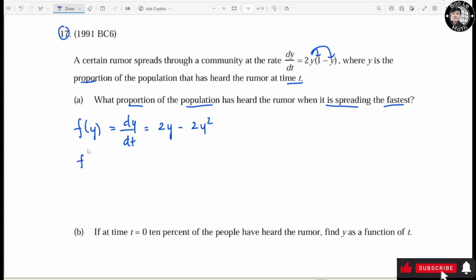I need to find the first derivative: f'(y) = 2 - 4y. Now I'm going to let this equal 0: 2 - 4y = 0, and then y = 1/2. So the proportion is 1/2.